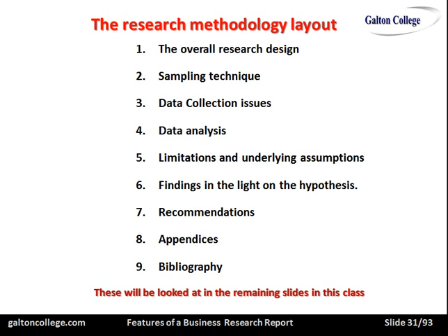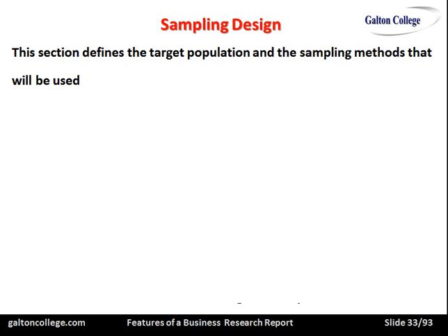Now, all of these will be looked at in the remaining slides of this class. So we'll go back over each one of these and talk about them and pad them out somewhat. So we'll start with the sampling design. So look at the target population and look at the sampling methods that will be used.